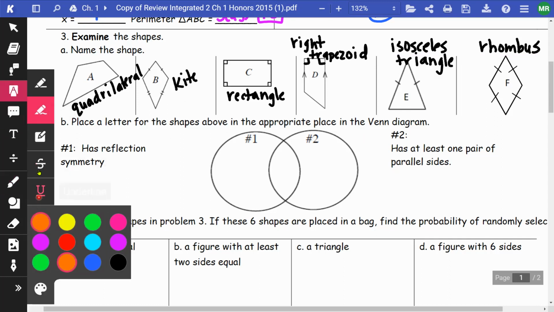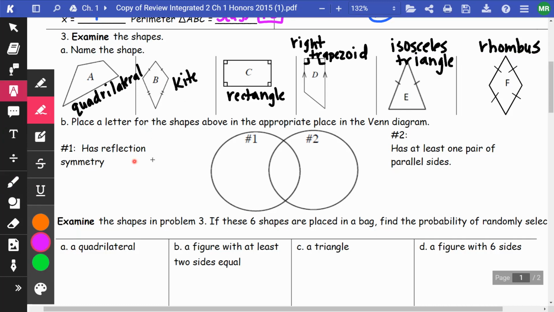Okay, so ones that have reflectional symmetry: kite, rectangle, isosceles triangle, and rhombus. Okay, and then ones that have at least one pair of parallel sides: a rectangle, a right trapezoid, and a rhombus.